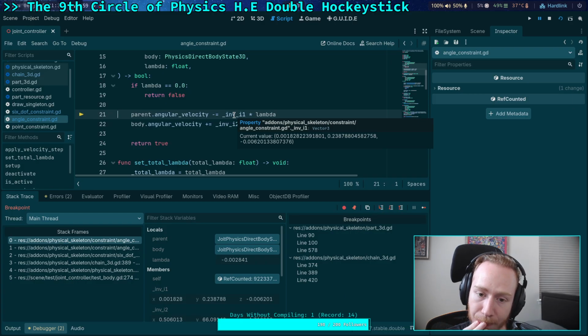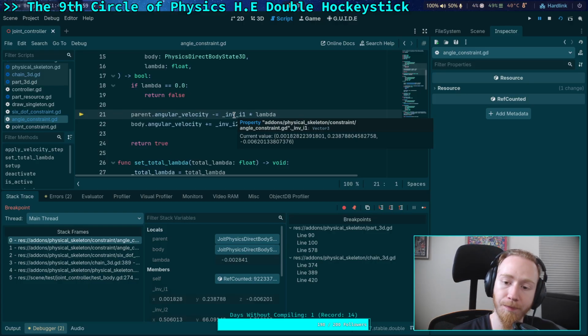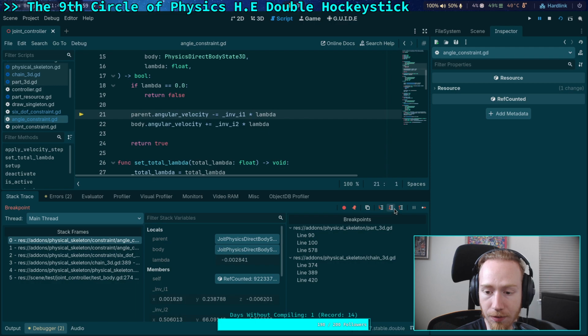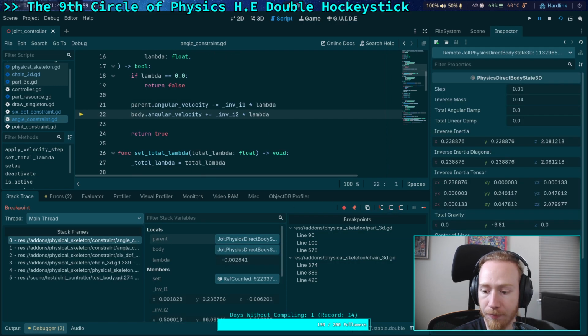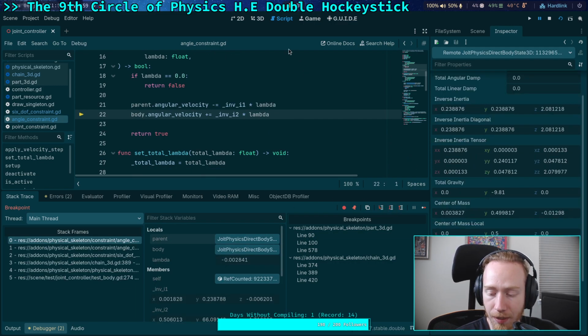So this is a minus a negative, so this will cause that value to increase. The y coordinate to increase. Yeah, that increased. 003443.